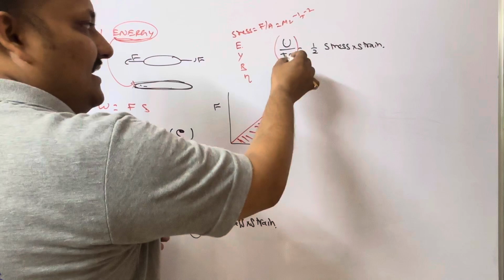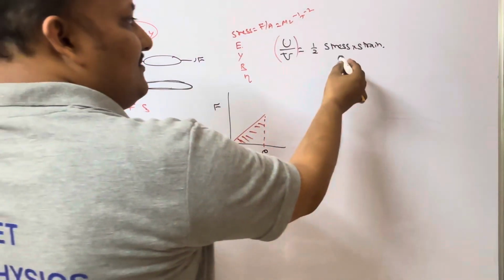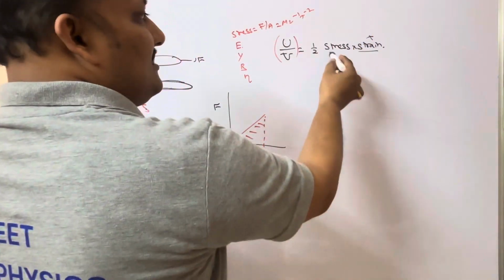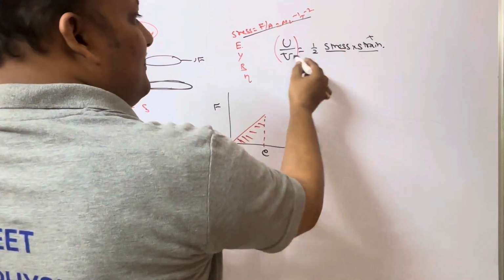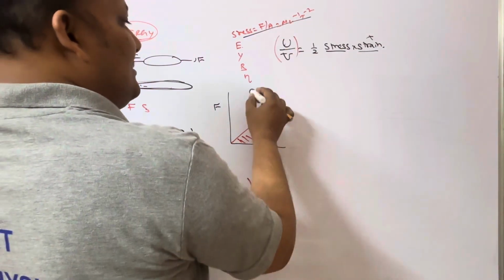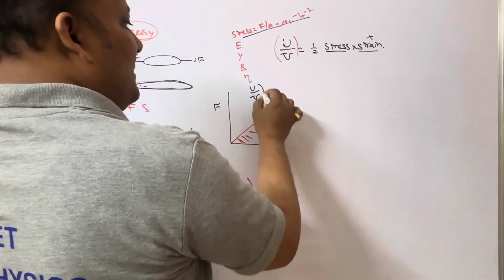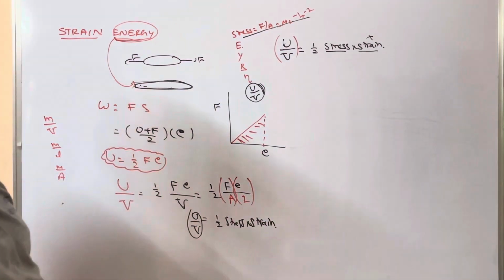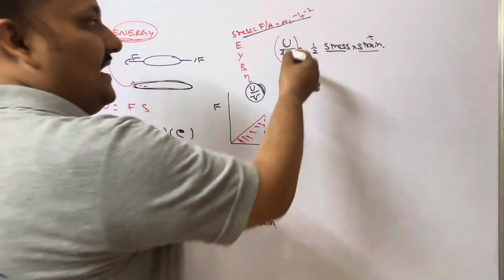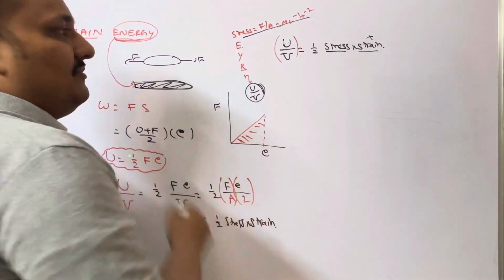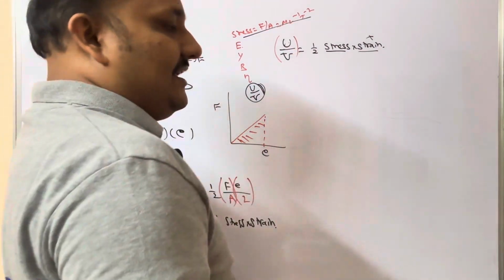Now energy density also has the same dimension formula. Strain has no dimension, and stress is the same. Therefore, energy density U by V also has the same dimensional formula. The energy possessed within this volume we call energy density.